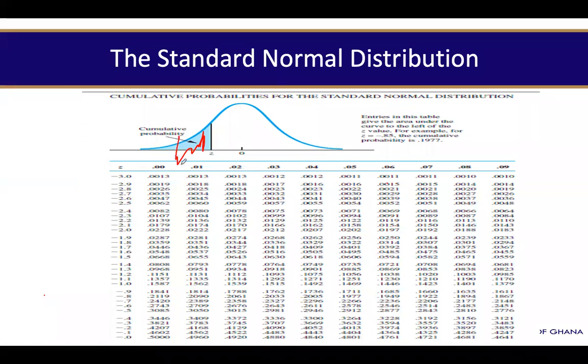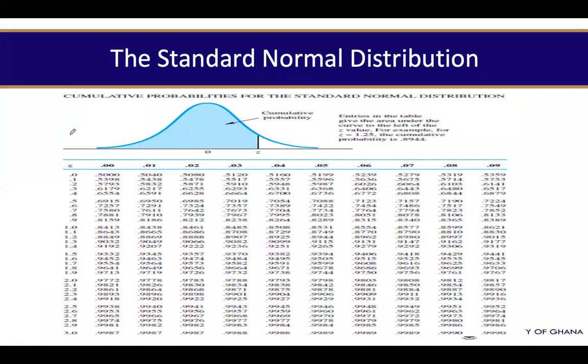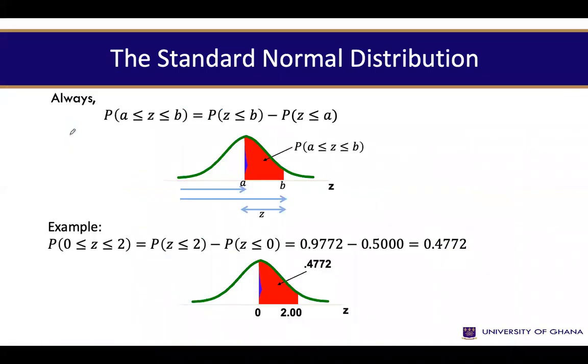So for example, for z equal to, let's say, 0.85, the cumulative probability, or z less than or equal to 0.85, is what we would identify from the normal distribution table. I'll show you how to read from such a distribution table, and then we would move on. So how do we calculate such probabilities?